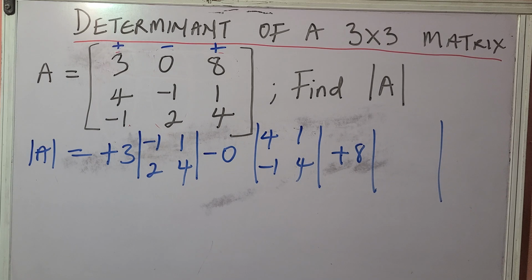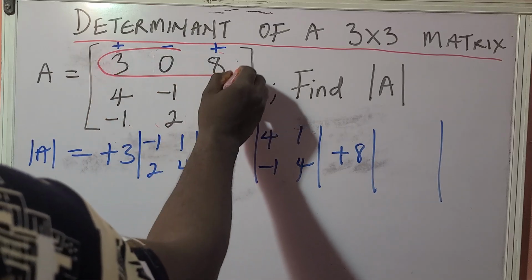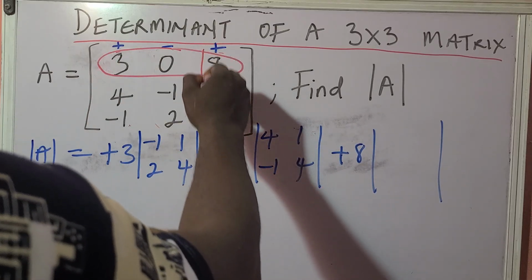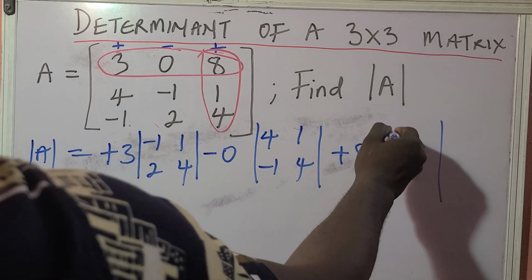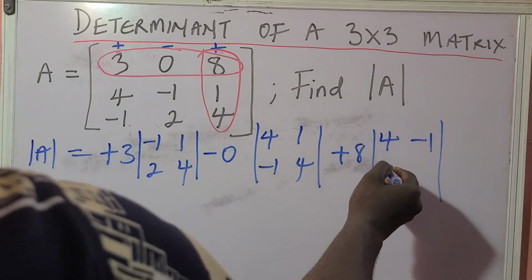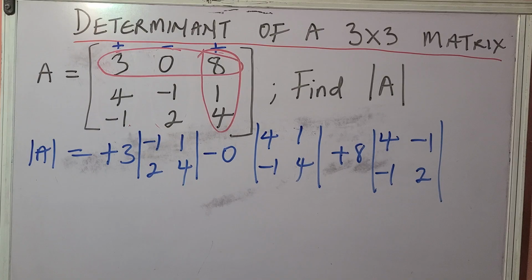So we'll be shutting off the entire row 1 and the entire column 3. And this will leave us with 4, minus 1, minus 1, 2. So this is basically the first step when trying to find the determinant of a 3 by 3 matrix.